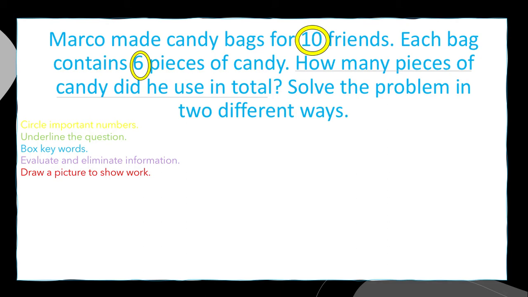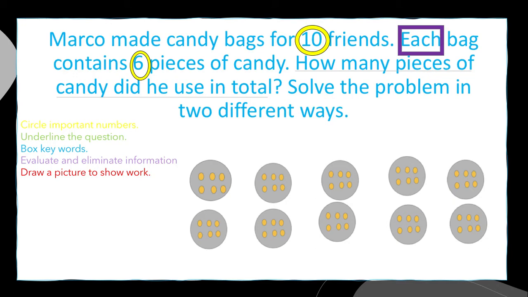So we know how many friends he has. We know how many pieces of candy they each got. But now we want to know the total number of candy pieces he started with. Some key words were each. Each tells us that this is going to be a multiplication problem.